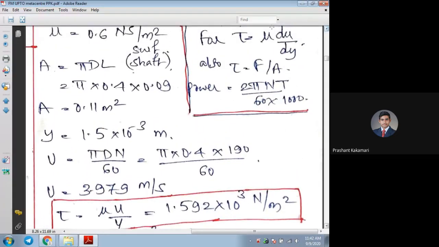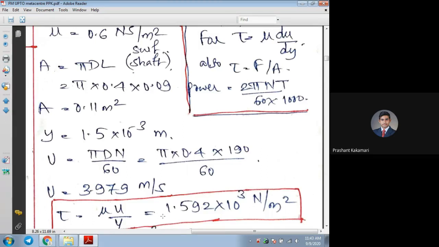So this is found out here, 0.6 Newton second per meter square at the top. U is the linear velocity, 3.4 meter per second. Distance Y is 1.5 into 10 raised to minus 3 meters.